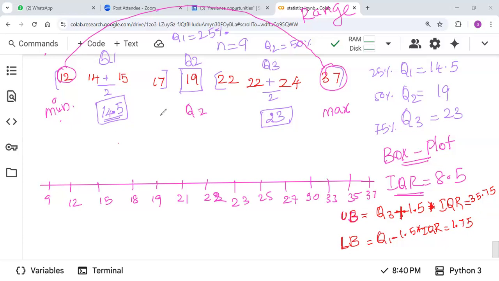So this is the range of values, and I'm going to plot a box plot.